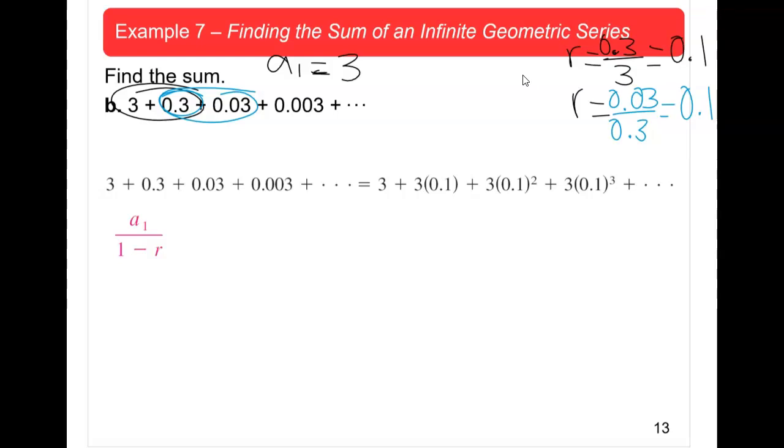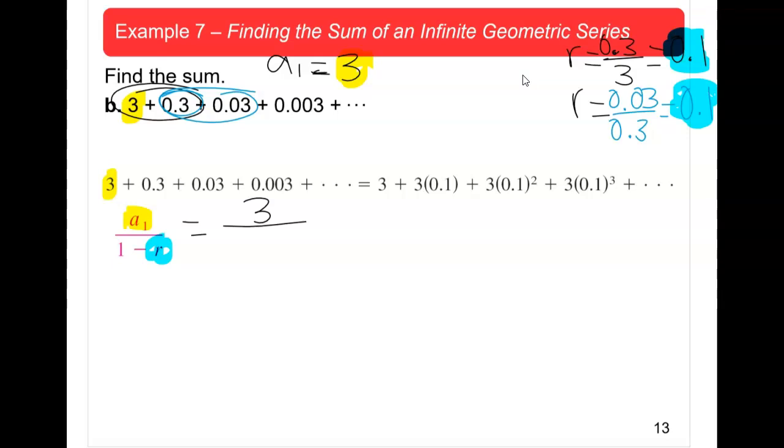Now that we know both, the common ratio is 0.1, and we also know the first term, it is 3. So we're going to go ahead and substitute. So this will be 3.